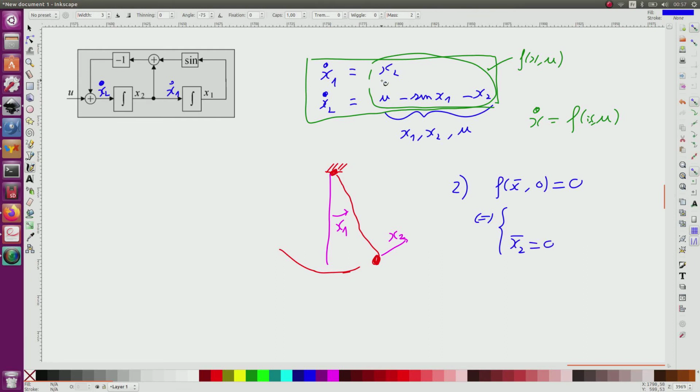And since u is equal to 0, I obtain sine of x1 is equal to 0. It means that x1 bar is equal to k pi, where k belongs to Z. So when k equals 0, the pendulum is down. When k is equal to 1, the pendulum is up.